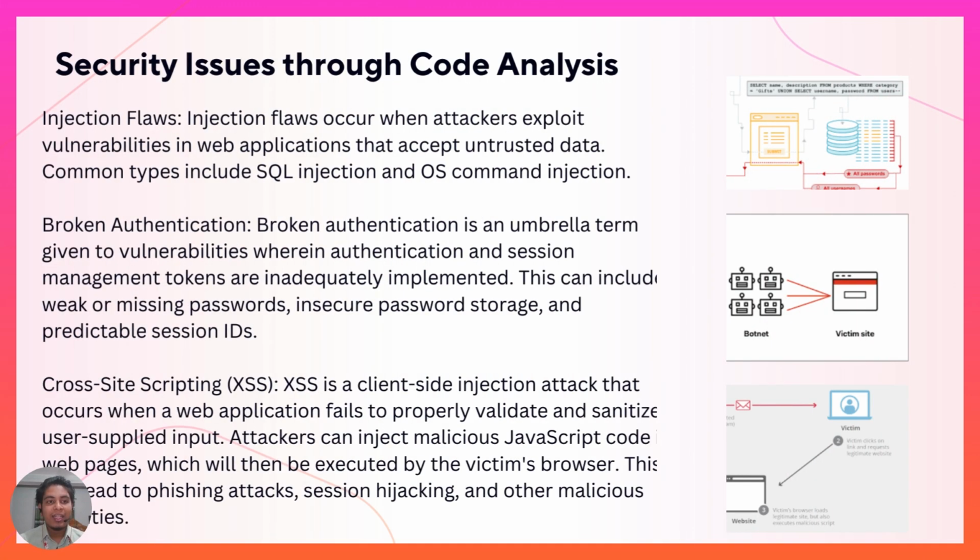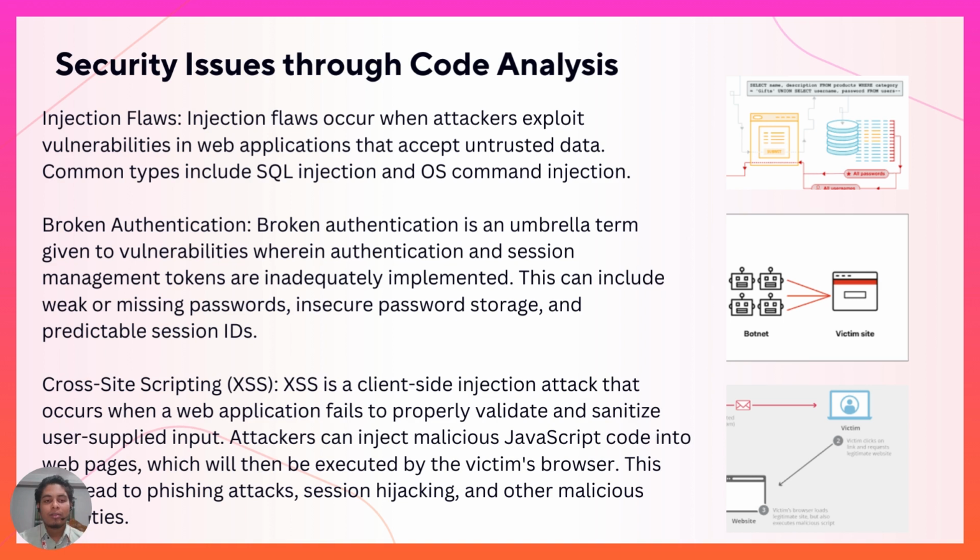And my next slide is about security issues through code analysis. There are various kinds of security issues through code analysis. Some of them are injection flows. Basically, there are many kinds of injection.